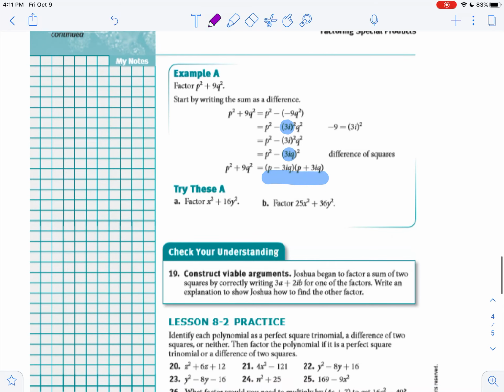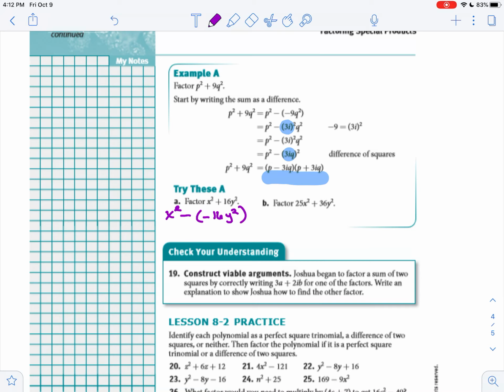So we don't usually see these problems very often, but we'll work through one of them just so you can see how it would look. Our first one, x squared plus 16y squared, is not a difference of squares. However, we could rewrite it as x squared minus a negative 16y squared. Okay, that's still x squared plus 16y squared.